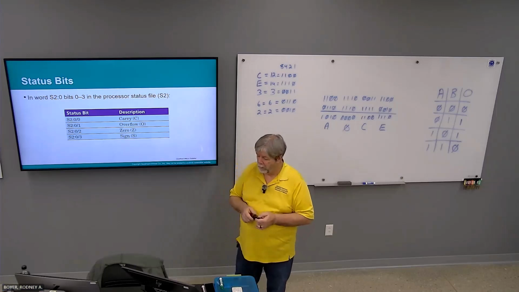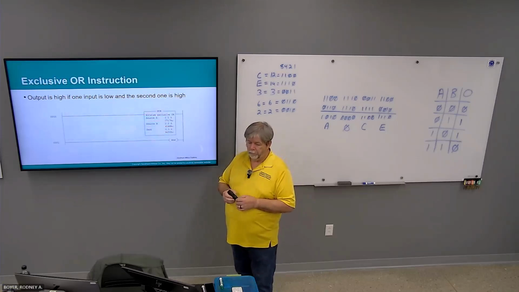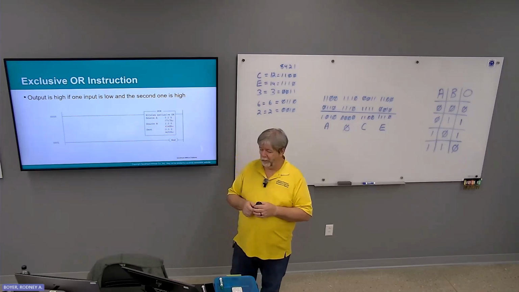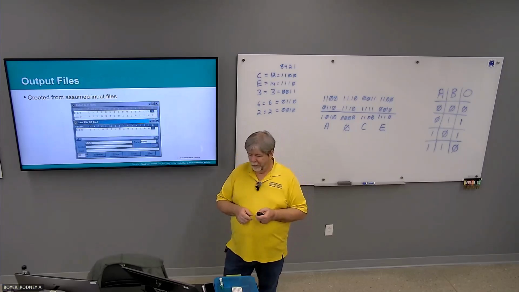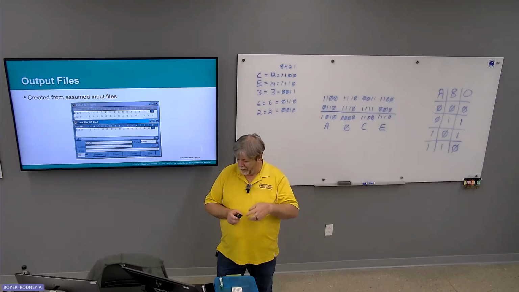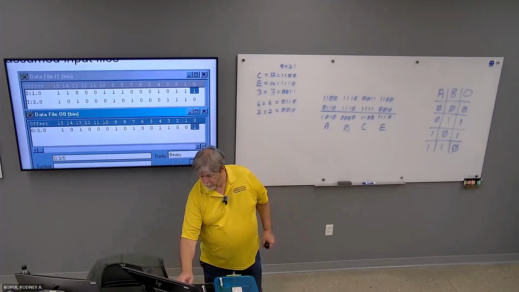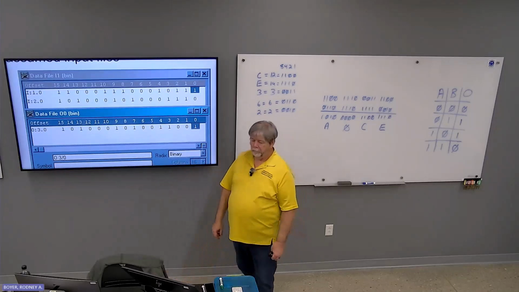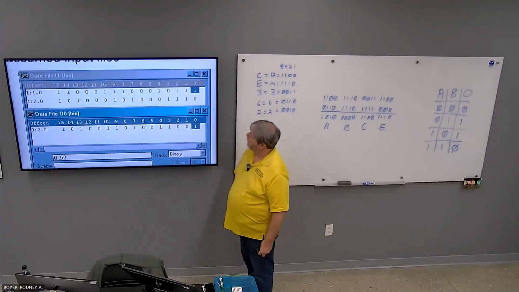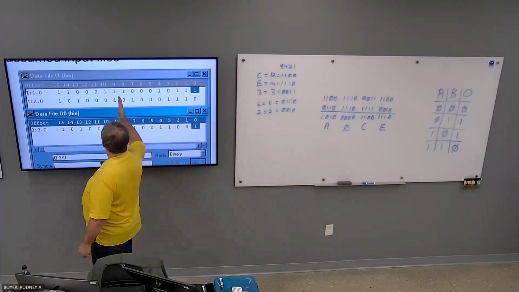So XOR instruction, output's high if one or the other is high. This is up to about here.